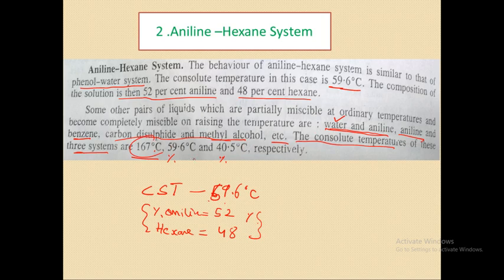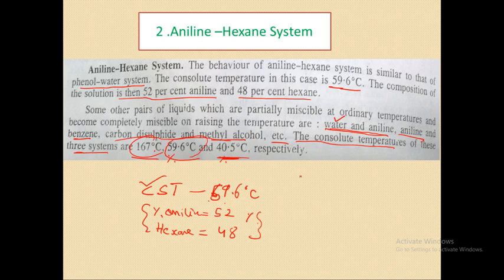Aniline and benzene is 59.6 degrees Celsius, and carbon disulfide and methyl alcohol has a critical solution temperature of 40.5 degrees Celsius respectively. So above this temperature, the two liquids become completely miscible.